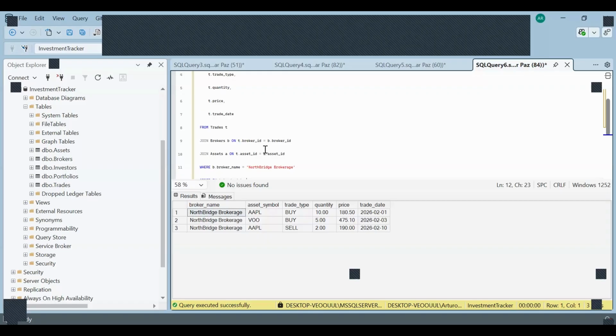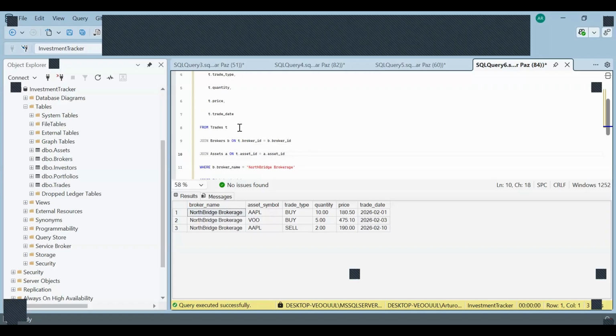Lastly, we're doing a query that analyzes trades executed by a specific broker. In this case, we're looking at the Norbridge brokerage. So for this query, it joins the trades table with the brokers table and the assets table.